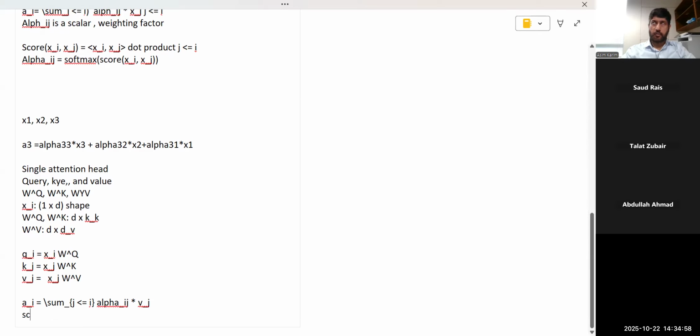Similarly, your score, the score of xi and xj, is the inner product of now the key and query.